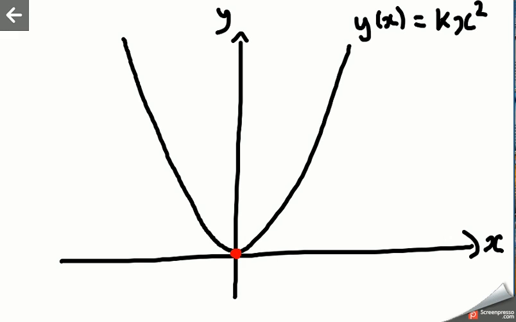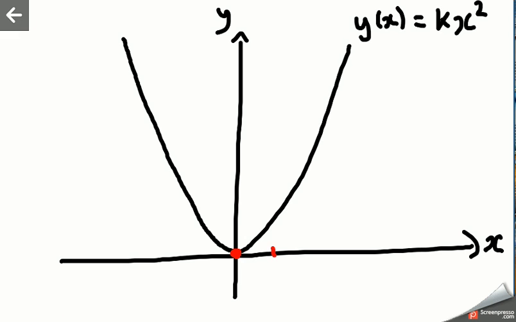We know our parabola goes through the point 0, 0, because when I put x equals 0 into this function, I get y of 0 equals k times 0 squared, which is equal to k times 0, which is equal to 0. So 0 is the thing that comes out of the function when I put x equals 0 into it, and hence it is represented by our curve going through the point 0, 0.